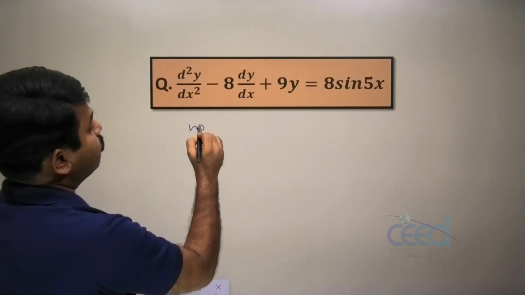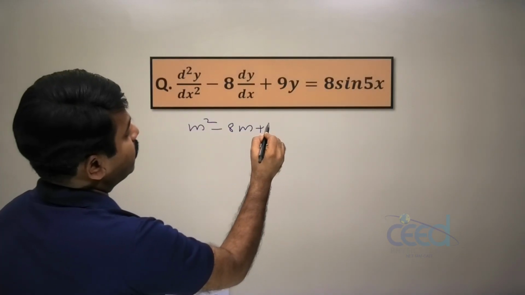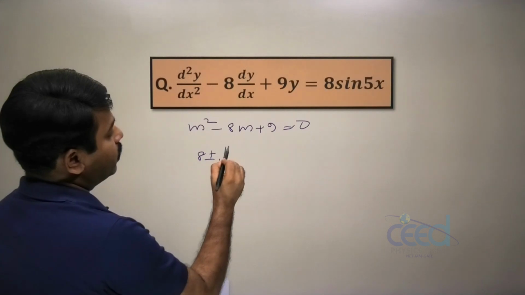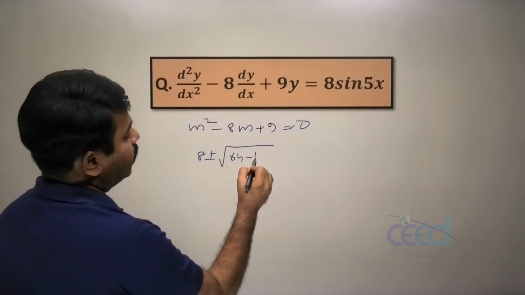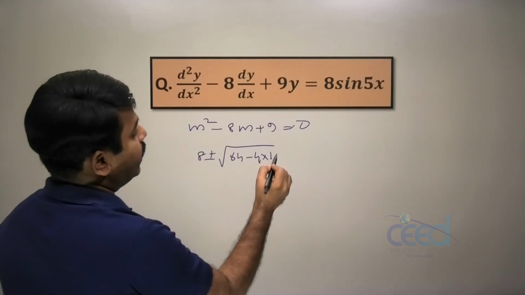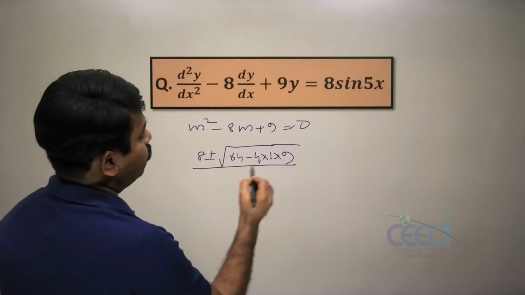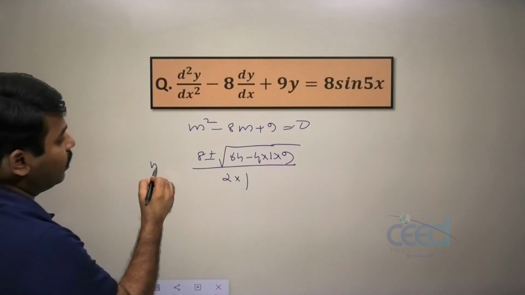What is the solution? m square minus 8m plus 9 equal to 0. Then m is equal to minus b plus or minus root of b square minus 4ac, where c is 9, by 2a.